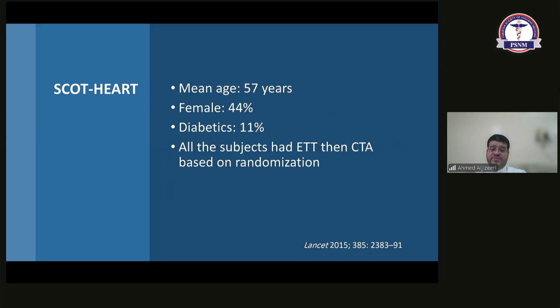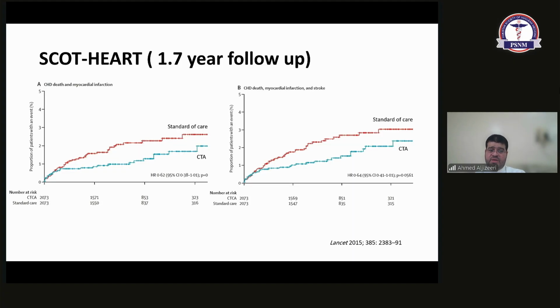The mean age was 57 years of age, good representation of females, probably diabetics are underrepresented. And as I said, all these patients had exercise stress testing and then randomized whether or not to have CT angiography. The outcome was very promising.